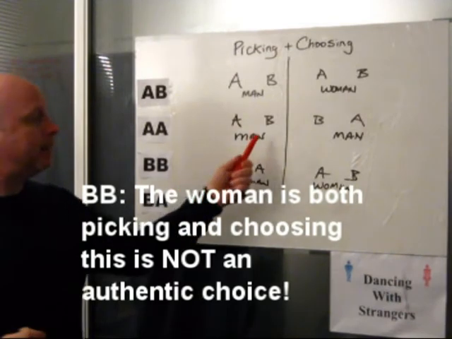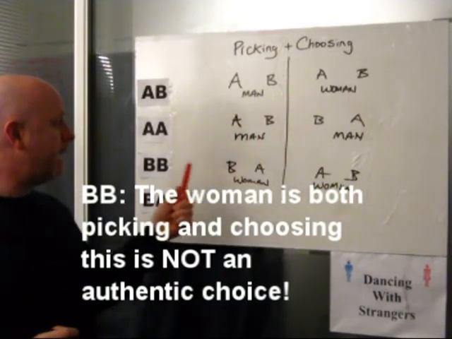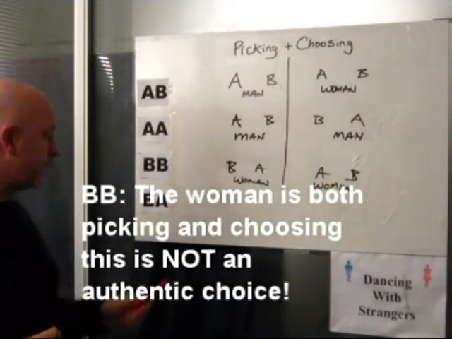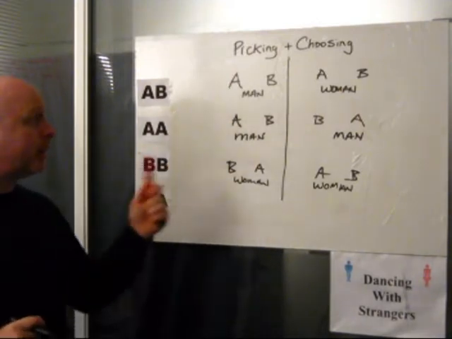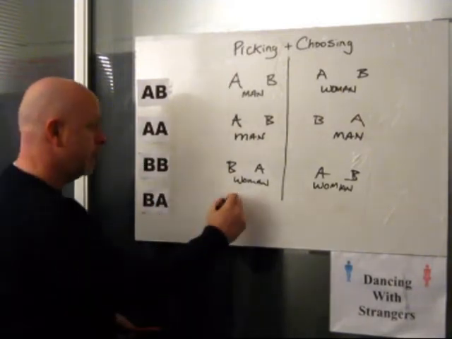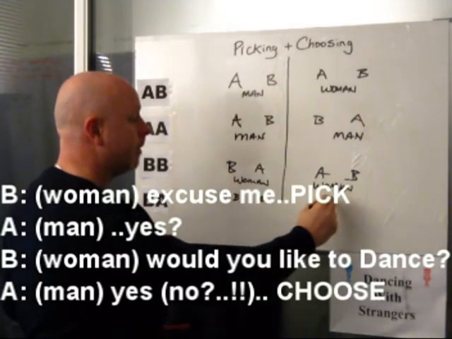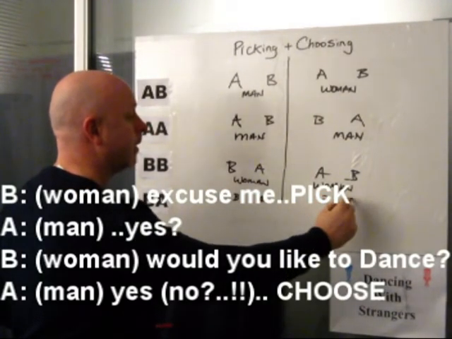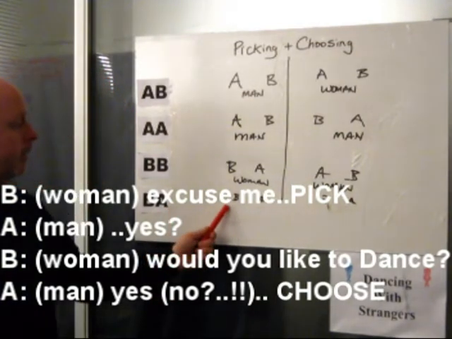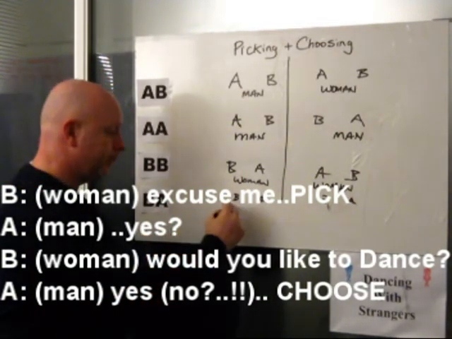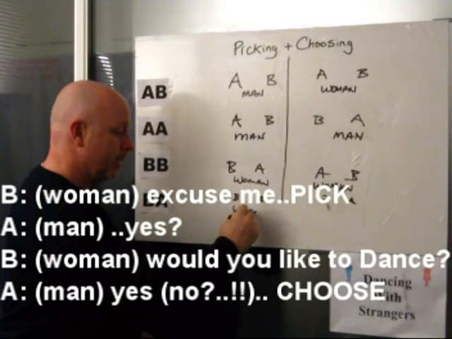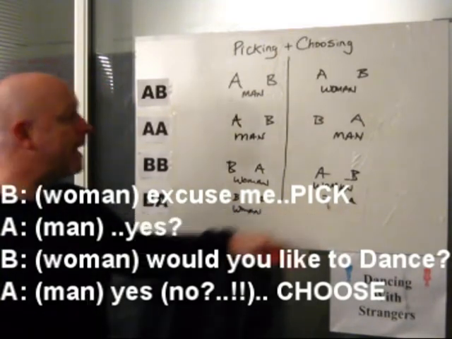In AA, the man picks and the man chooses. In BB, the woman picks and the woman chooses. BA is the complete opposite of AB. BA, BA. Here, the woman picks, the man chooses.